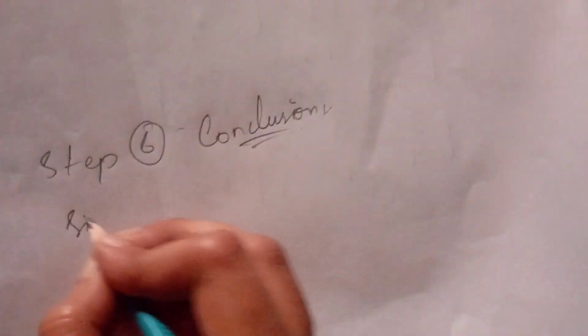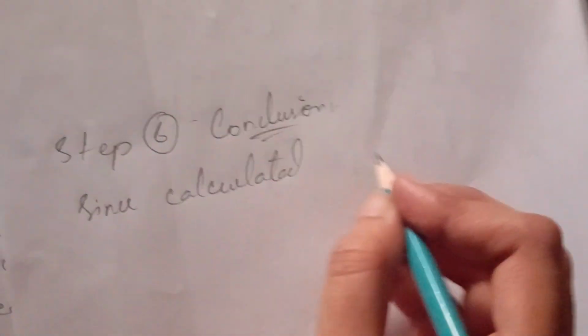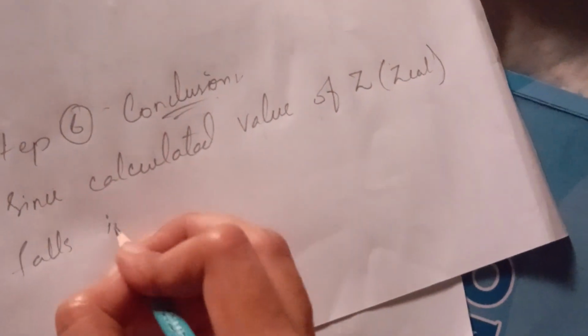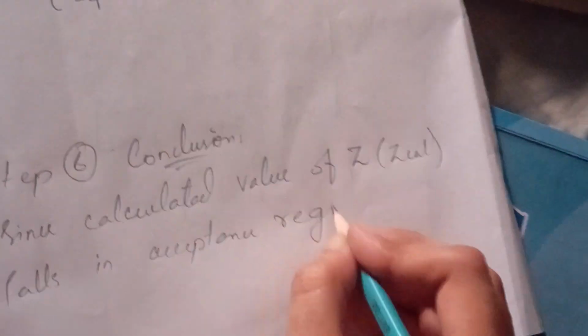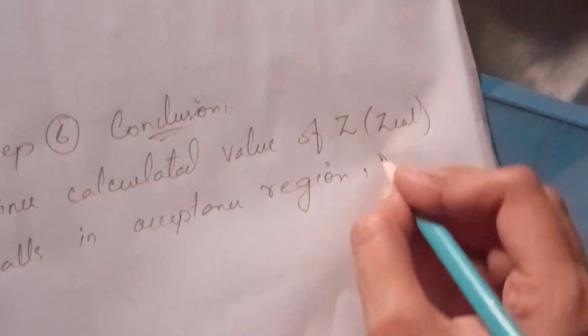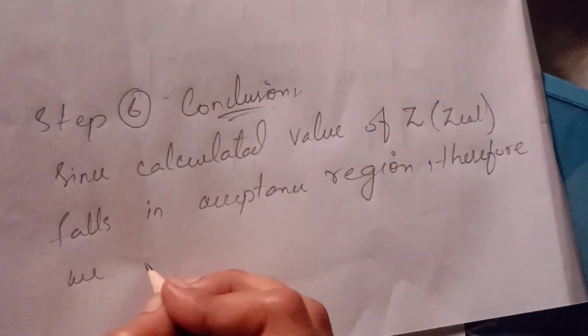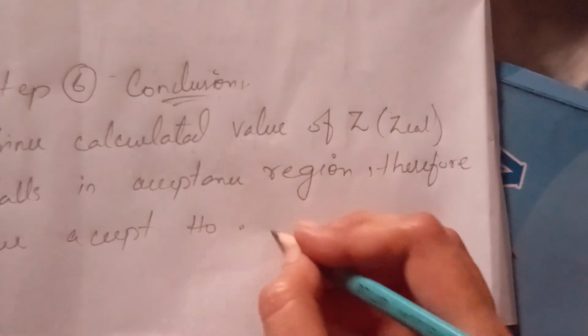So we have to write: since the calculated value of z falls in the acceptance region, therefore we accept H naught. That is the answer.